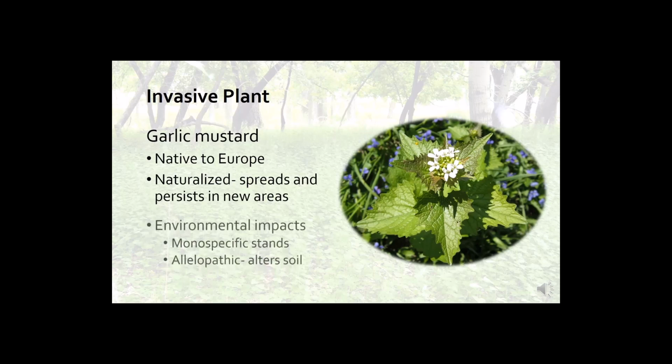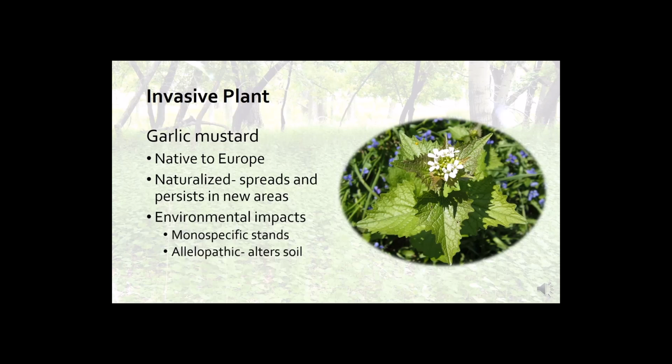In addition, it has that third characteristic of being harmful, particularly to the environment. For example, it creates monospecific stands, so often when it invades forest floors, it's one of the only plants growing there. And it's also an allelopathic plant, so it exudes chemicals from its roots that alter the soil composition, making it difficult for other plants to germinate and persist.